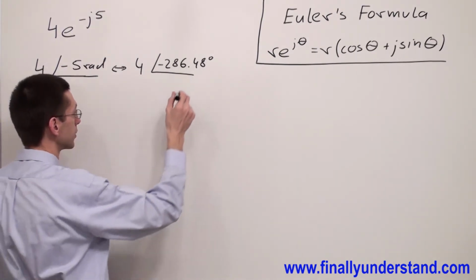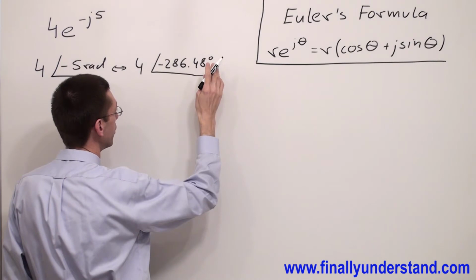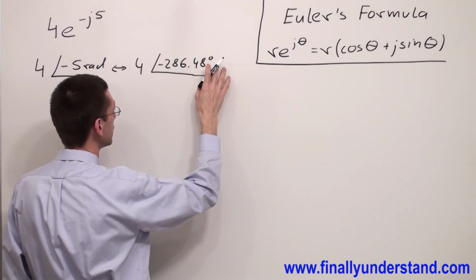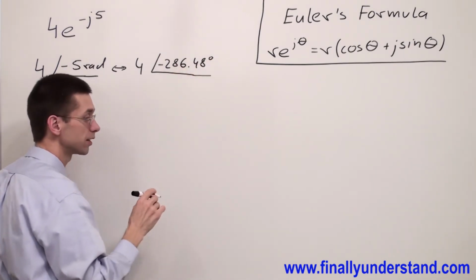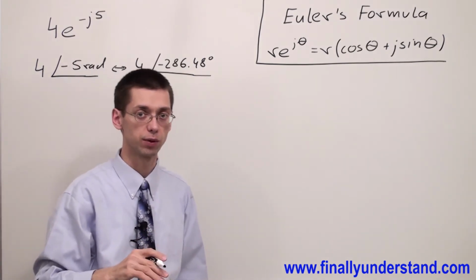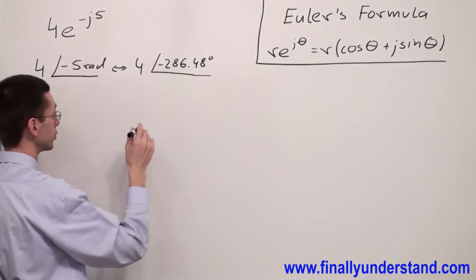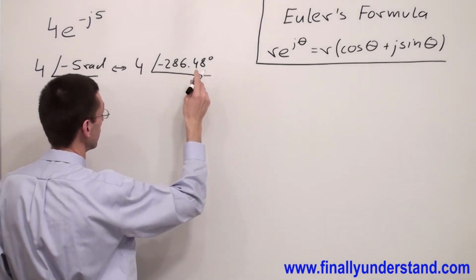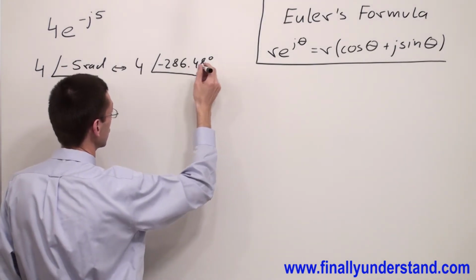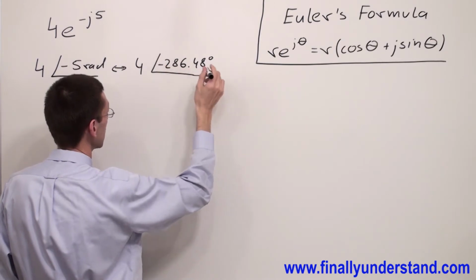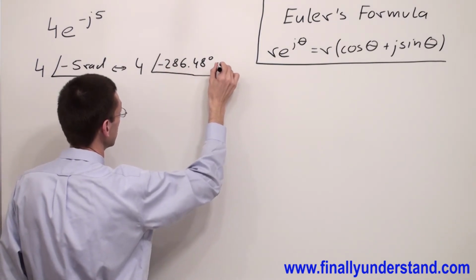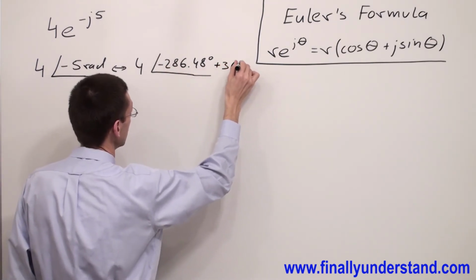But anytime we have such a high value of angle, you're supposed to keep in mind that we can always add a multiple of 360 to the angle, and basically we're not going to change the value of the complex number because the phasor is going to be at the same position. So because this value is less than 360, I'm going to simply add just 360 degrees.